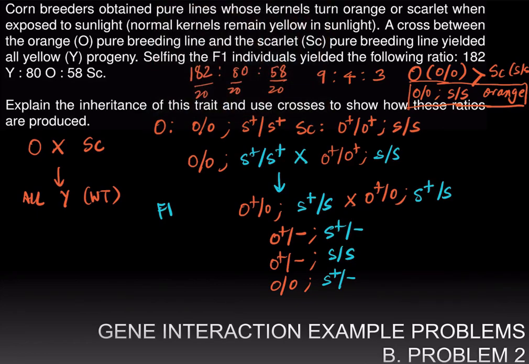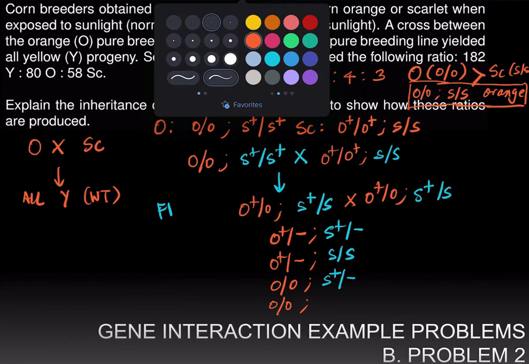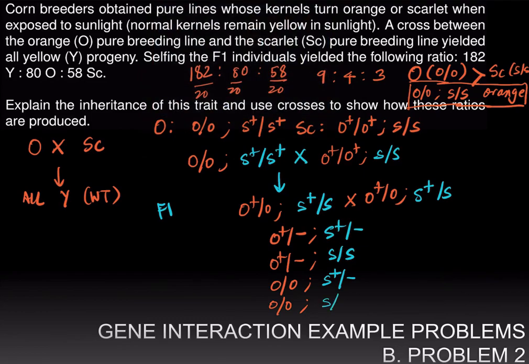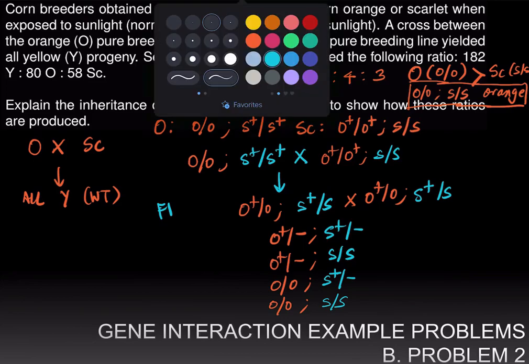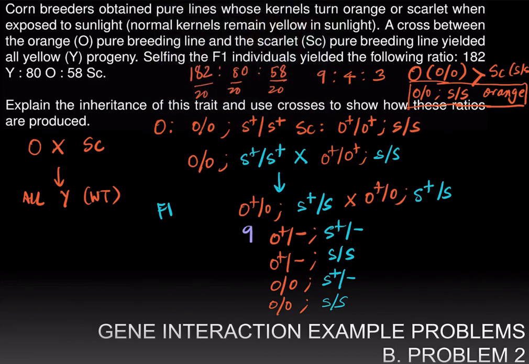And the last class is going to be the double mutant, which is homozygous for the mutant allele of orange as well as homozygous for the mutant allele of scarlet. And these are going to be present in a 9:3:3:1 ratio. And we can write down the phenotypes.